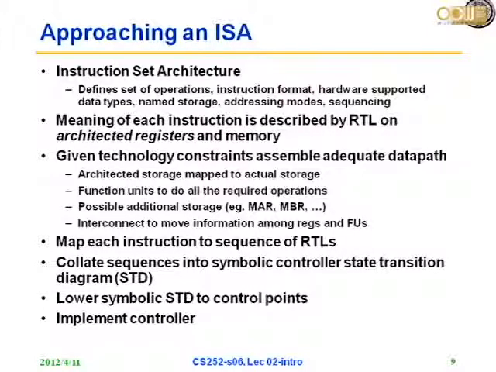Like data type, word type, half word, byte, bit. Like hardware supported, I have ALU, I have shifter, I have whatever. Like instruction format, the instruction is divided into what fields, each one representing what meaning.